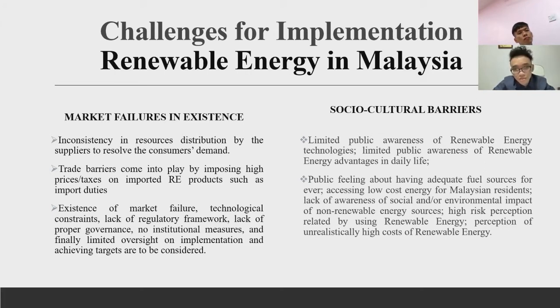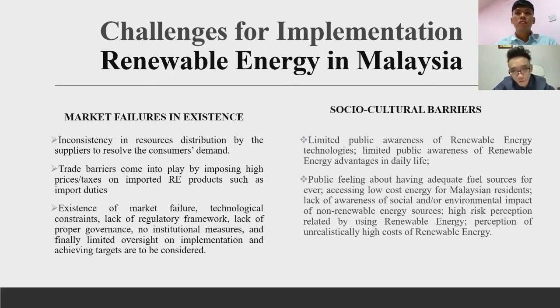Next, social and cultural barriers. There is limited public awareness of renewable energy technology and of the advantages of renewable energy in daily life. The public feels that there are adequate fuel resources forever. There is existing low-cost energy for Malaysian residents, like fuel and petrol.